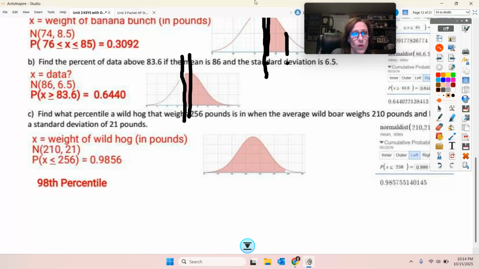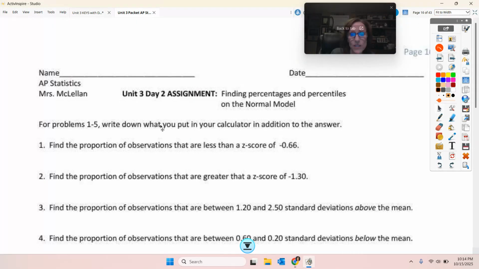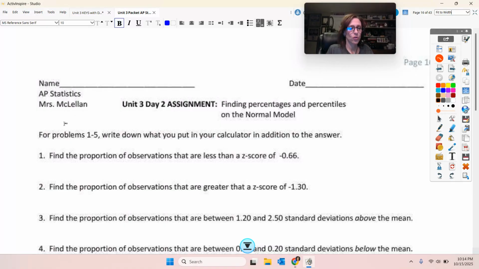I did just want to give you one quick little word of warning. This definitely was not written with the space for all the Desmos pictures and everything. But for numbers 1 through 5, on all of these, you are using the normal model because it's giving you information about a z-score.